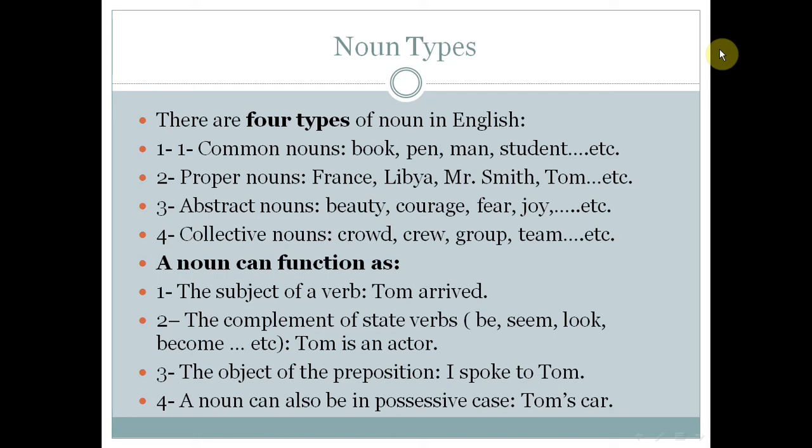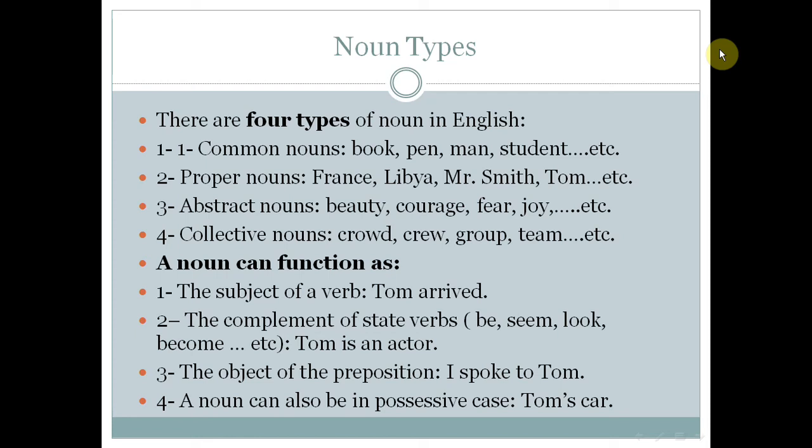Now, the functions of nouns. Number 1, the subject of a verb. So a noun can be the subject of a verb, like Tom arrived. Ahmed is sleeping now. So Tom is a noun.